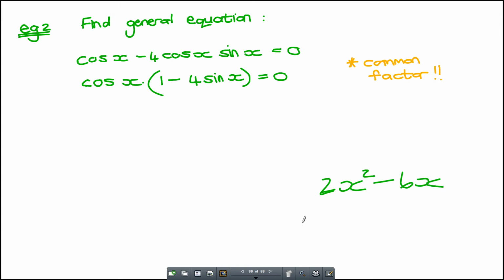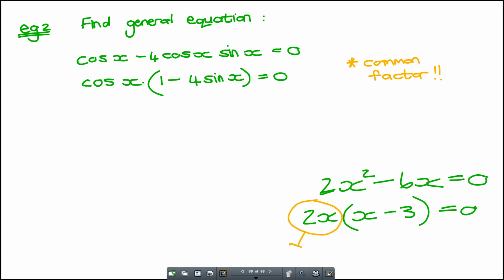Then you said, okay, I can take out a common factor of 2x, so this will be x minus 3. What was your next step? Your next step, when you had to solve x, was to make that equal to 0.